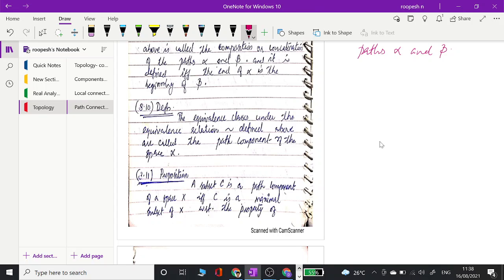Whenever there is an equivalence relation, it partitions the entire space into equivalence classes. So I will have the equivalence classes like this.